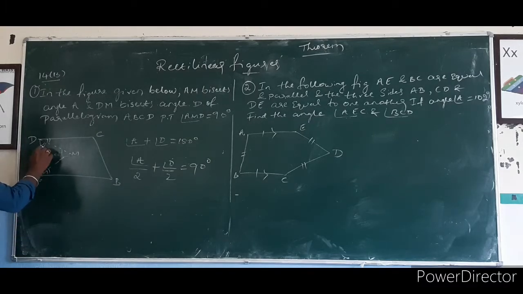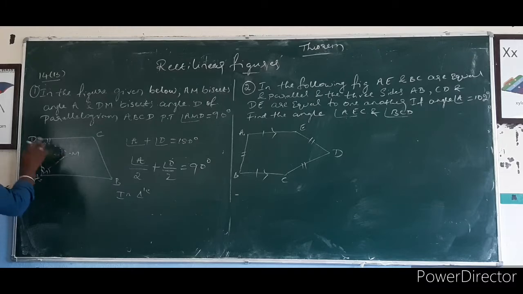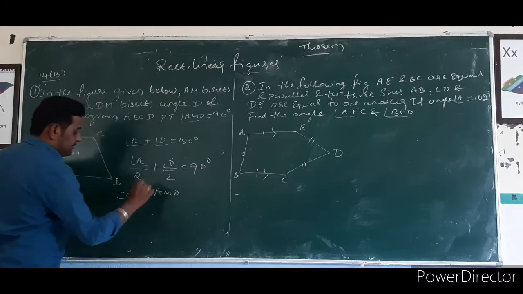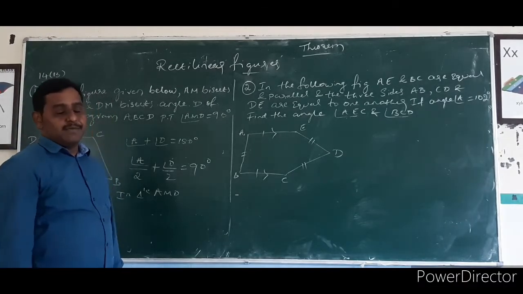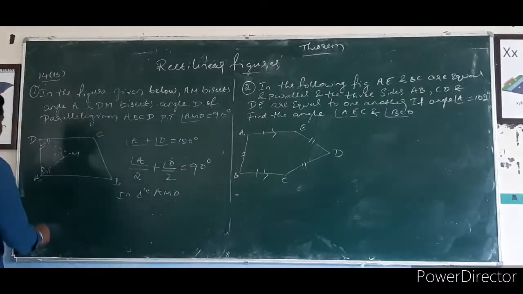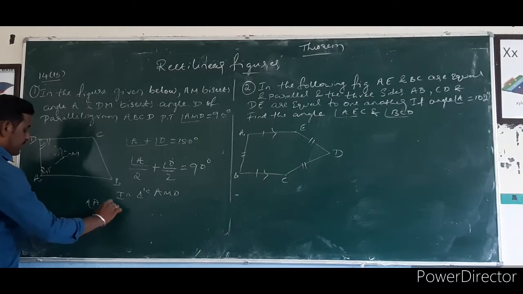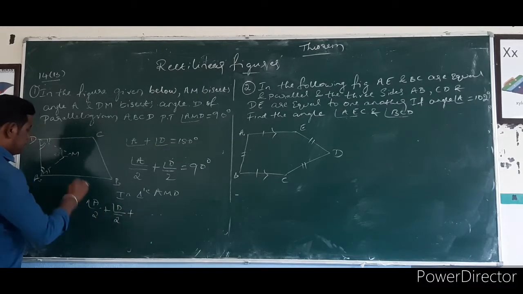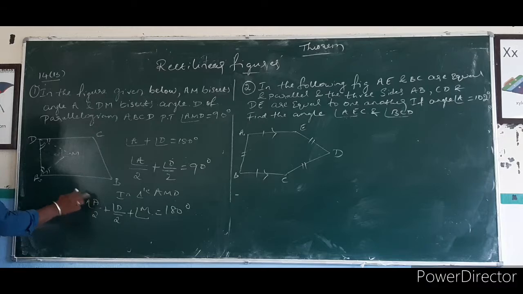Now this is half of angle D and half of angle A. Next we consider triangle AMD. Apply the sum of the interior angles property of a triangle: the sum of all interior angles of a triangle is 180 degrees. So angle A by 2 plus angle D by 2 plus angle M is equal to 180 degrees.